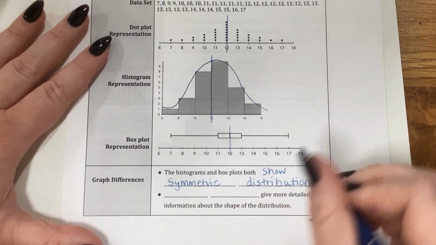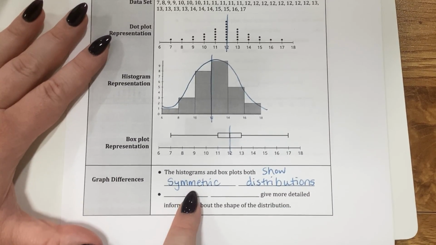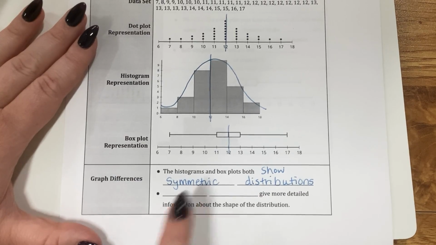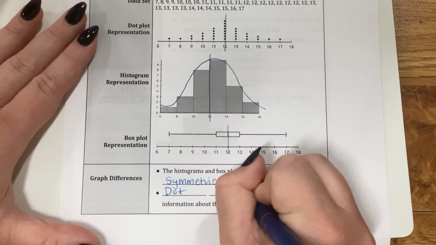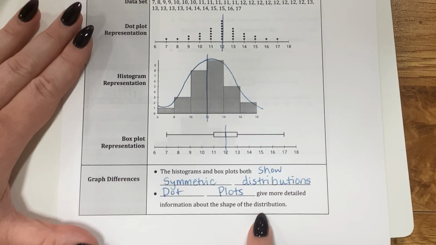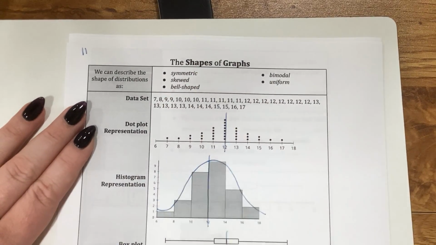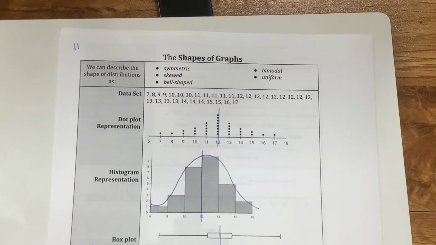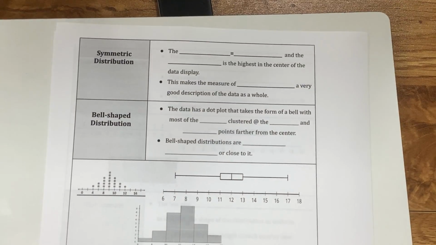But again, you can't quite see what type of symmetric graph it is based on their shape, all right? However, dot plots, because they show each and every data value, give more detailed information about the shape of distribution. So you're gonna be able to tell with a dot plot specifically which shape it is. So that's page 11.